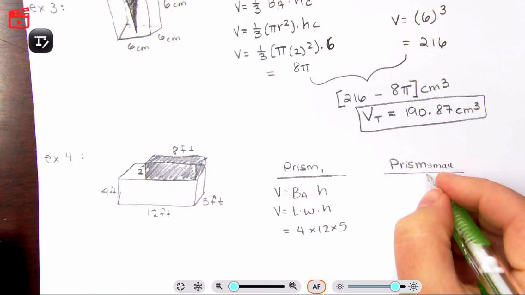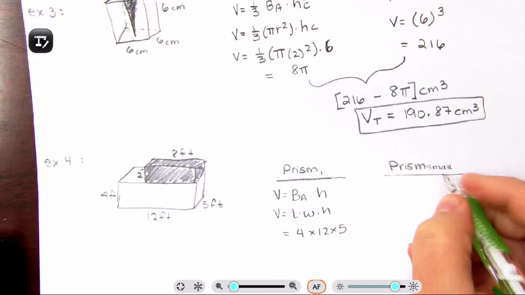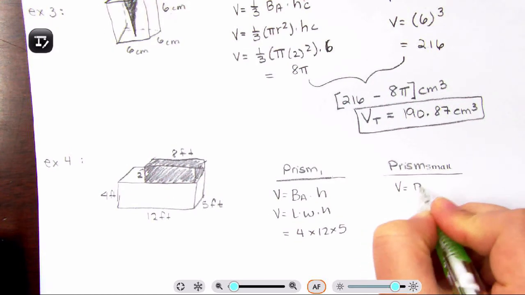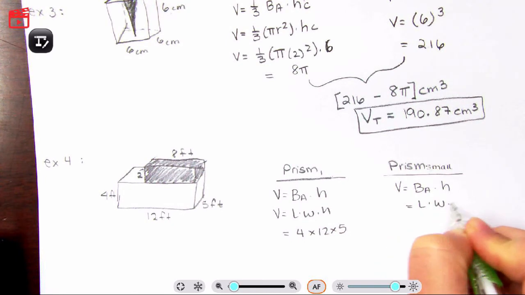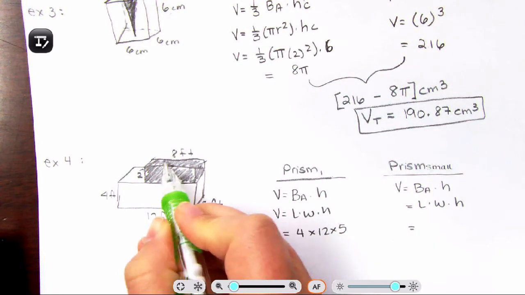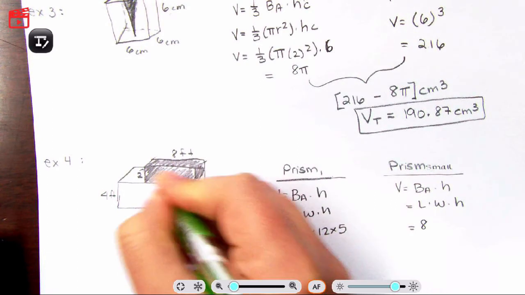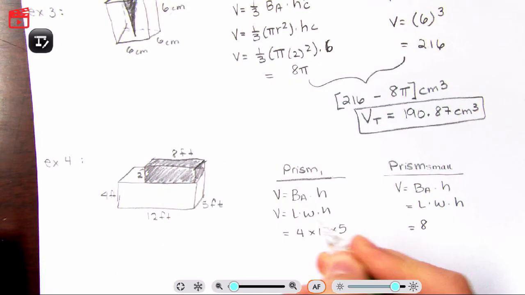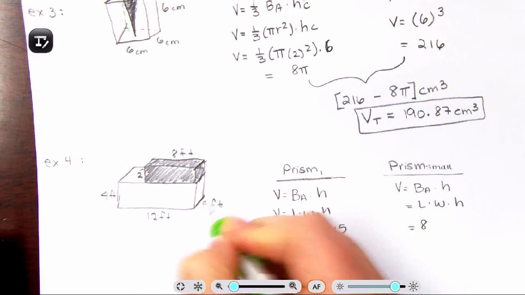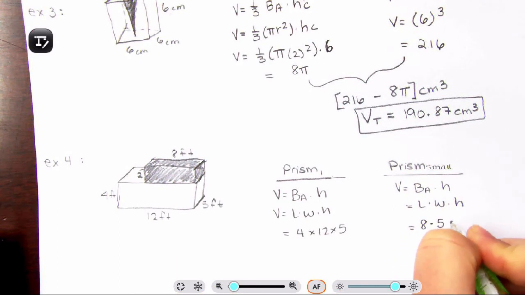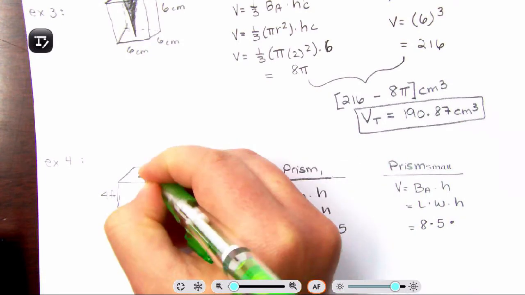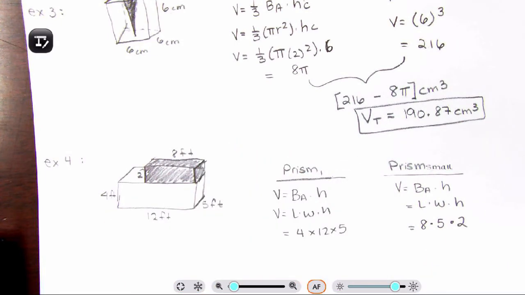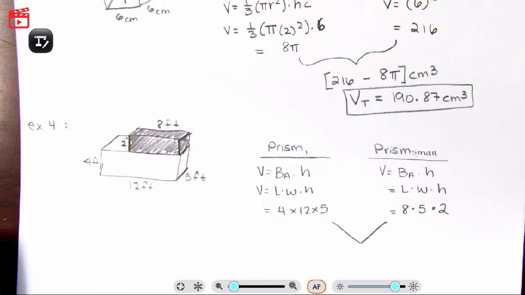And then for the other one, we have again area of the base times the height. So length times width times height. So what's the length of it? It's 8. The width of it, this right here, is the same as this, which is the same as this. So we have times 5. And then what is the height? The height is 2. Are we adding them or are we taking away?